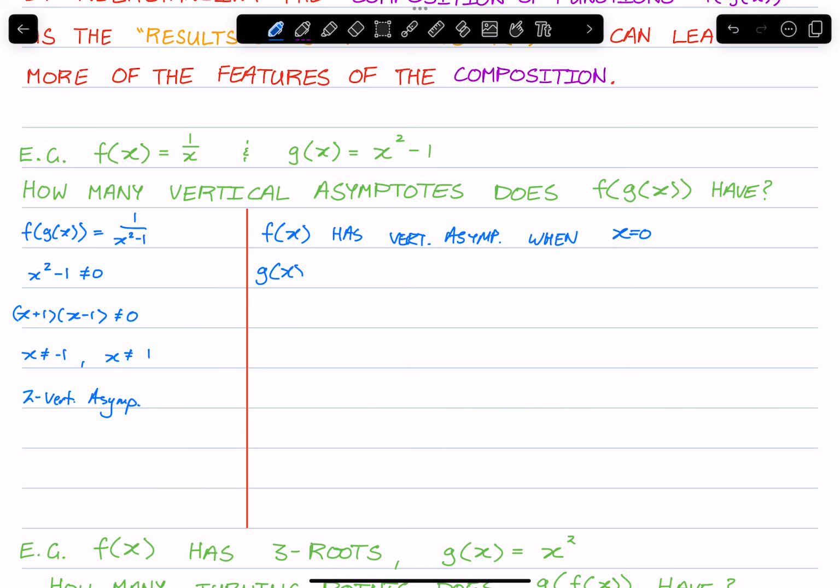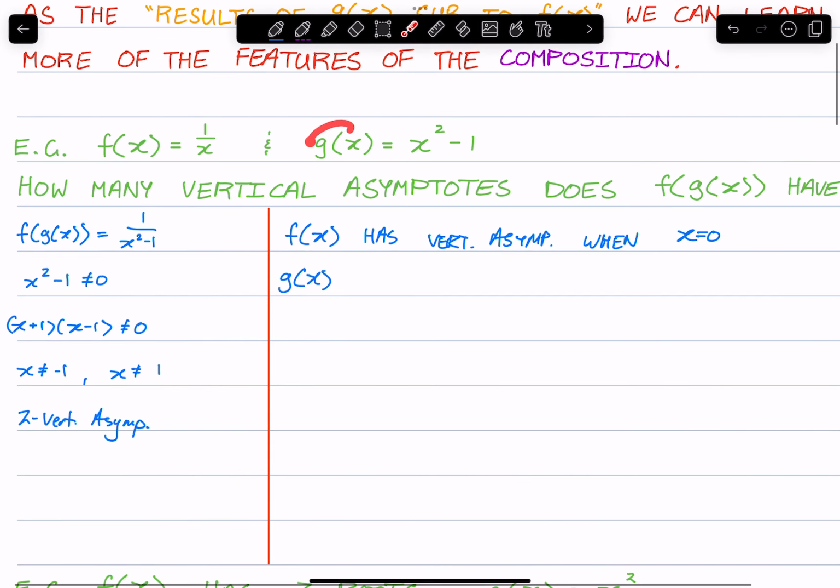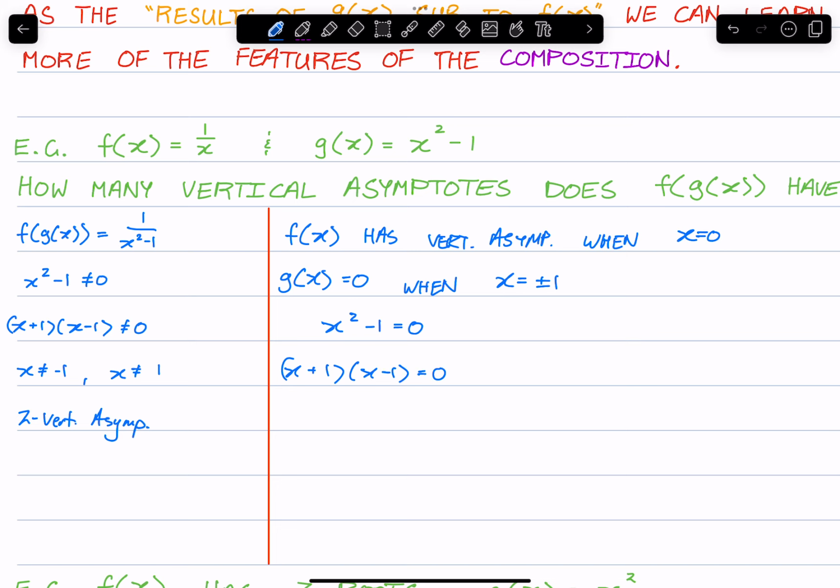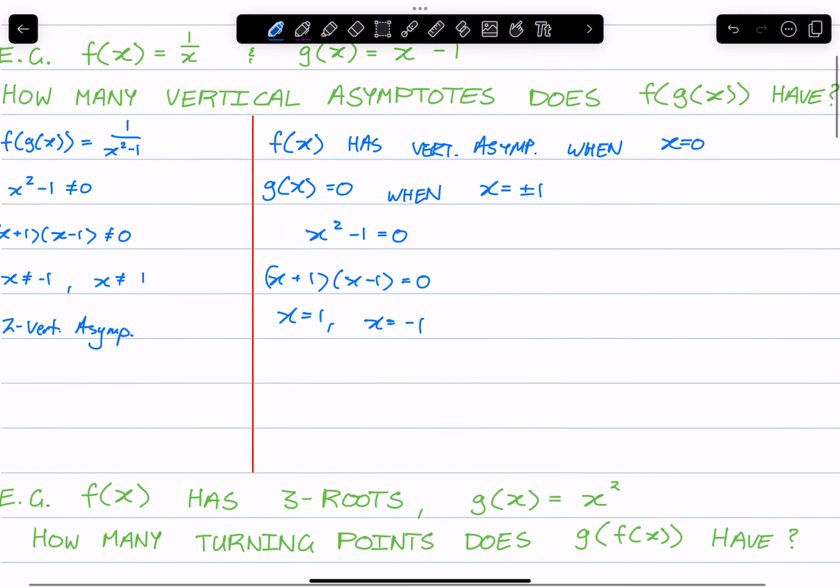G of x, since g of x is going to substitute into x, g of x equals 0 when x equals plus minus 1. So we can find that by saying x squared minus 1 equals 0, x plus 1, x minus 1, and so we get x equals 1, x equals minus 1.